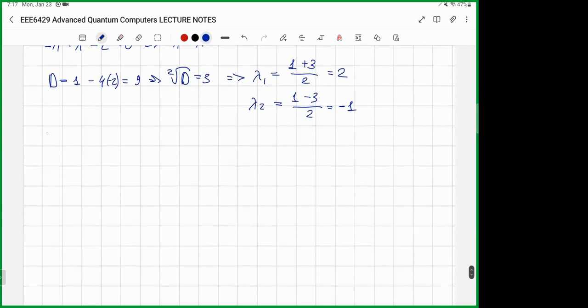So alpha 1 equals 2 and alpha 2 equals minus 1. These are the eigenvalues of the matrix T.